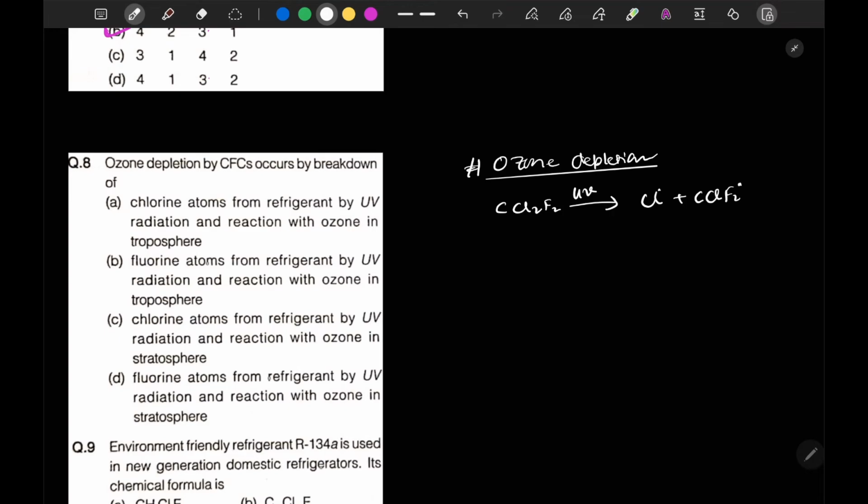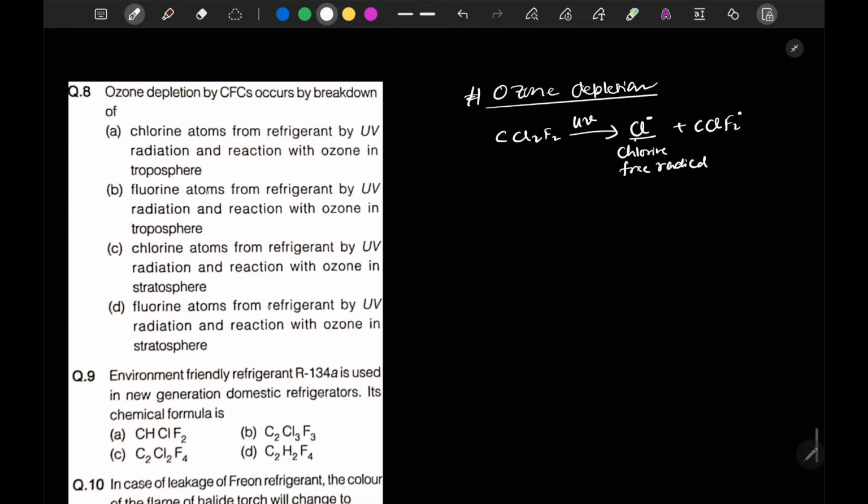Okay, so this is called our chlorine free radical. Now this chlorine free radical, Cl dot, reacts with ozone, that is O3, to give ClO dot plus O2, and this O2 you know is oxygen.